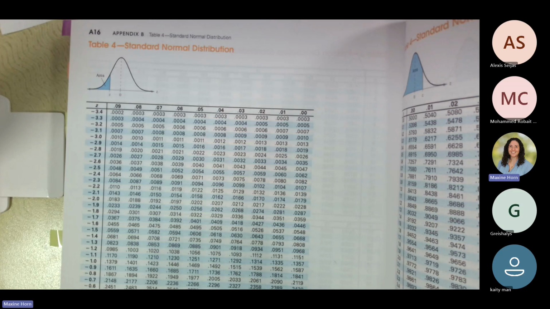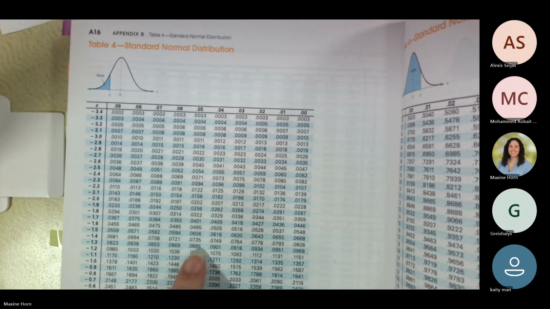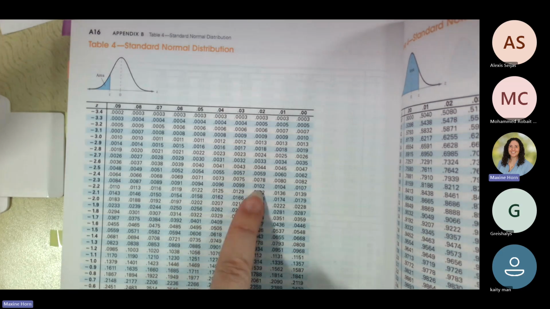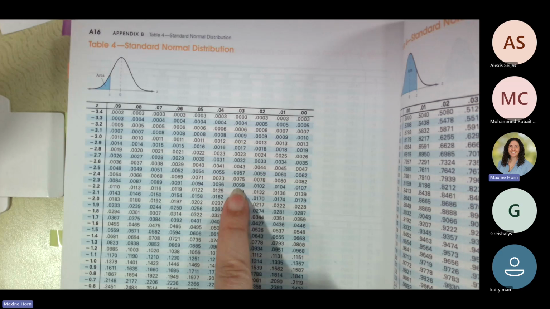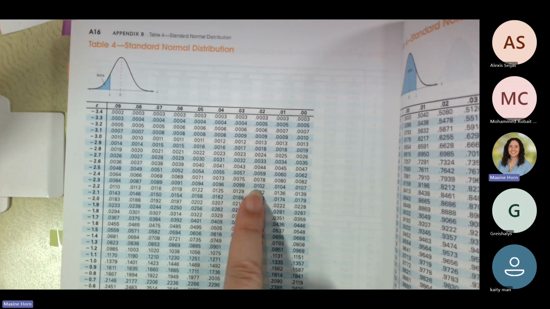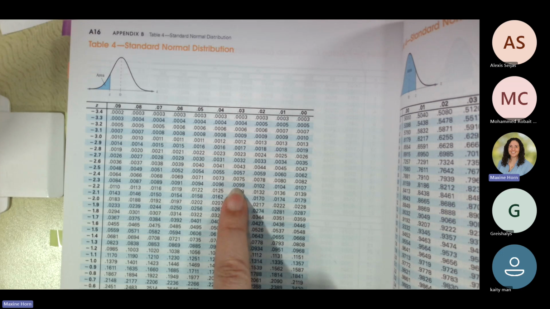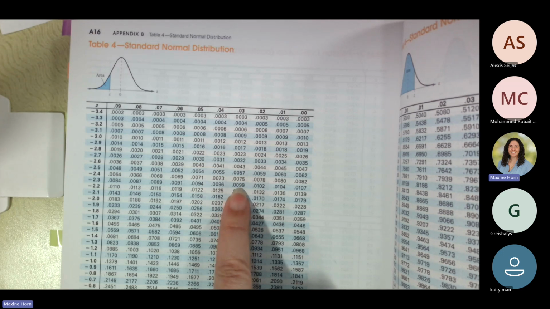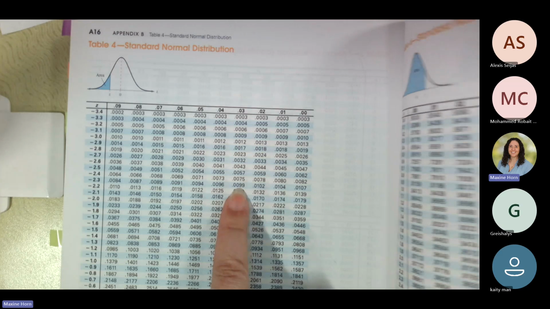So we have 0.0099 and 0.0102. This is 2 away, this is 1 away. You can kind of think of it like that, right? So this is closer. So we don't have the exact value, but this is closer.